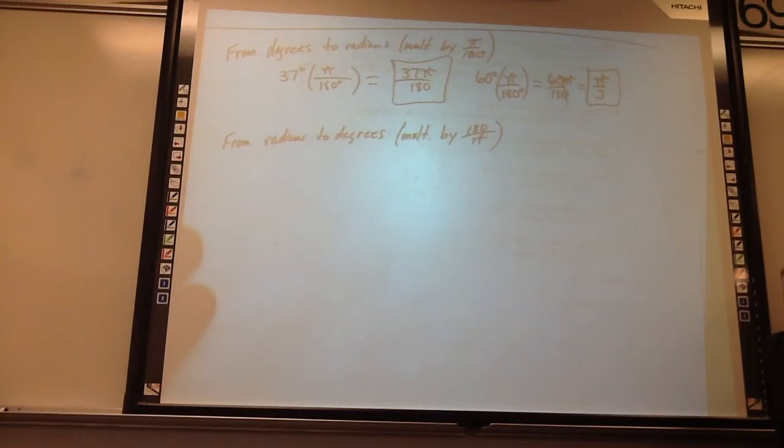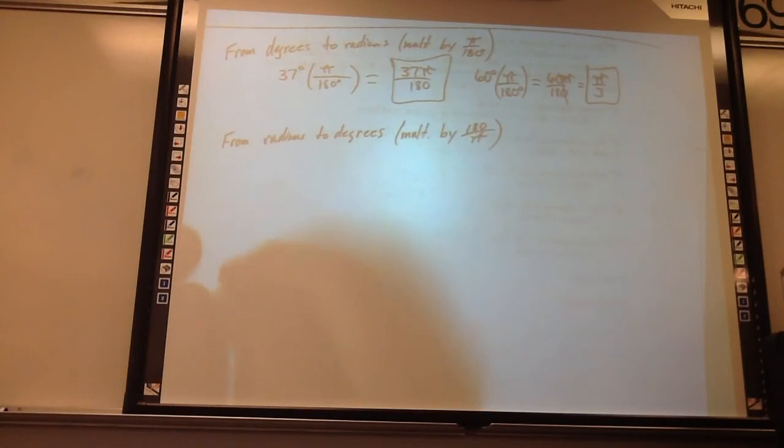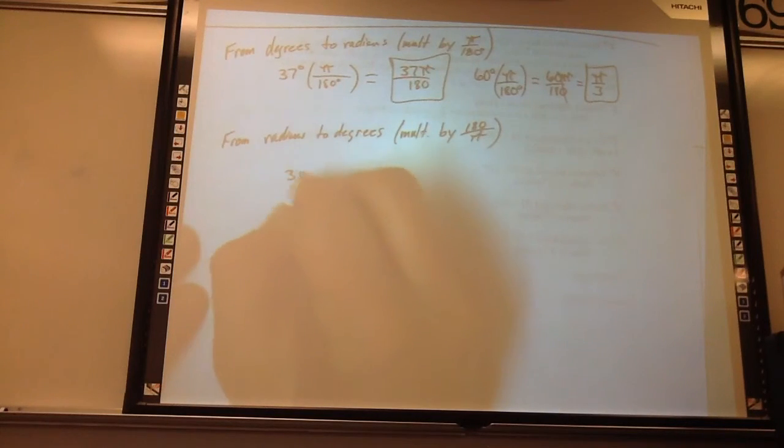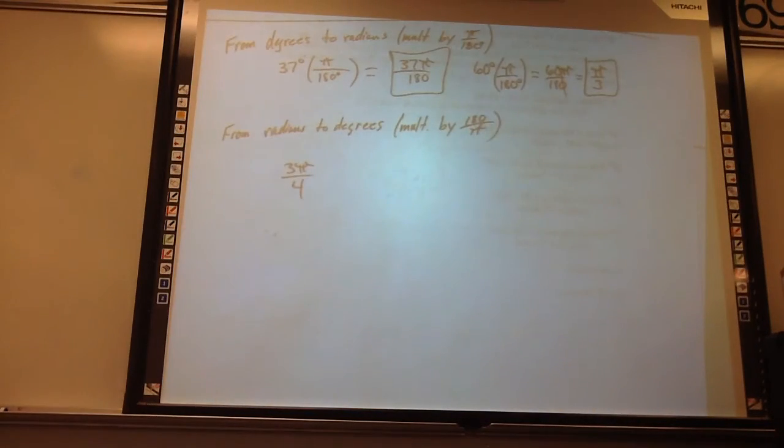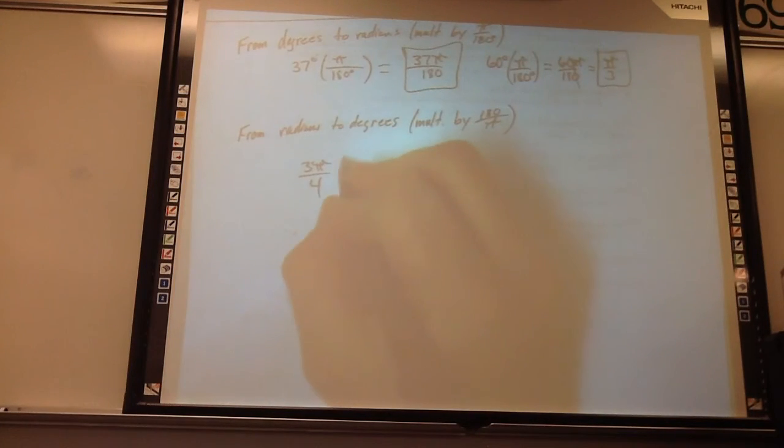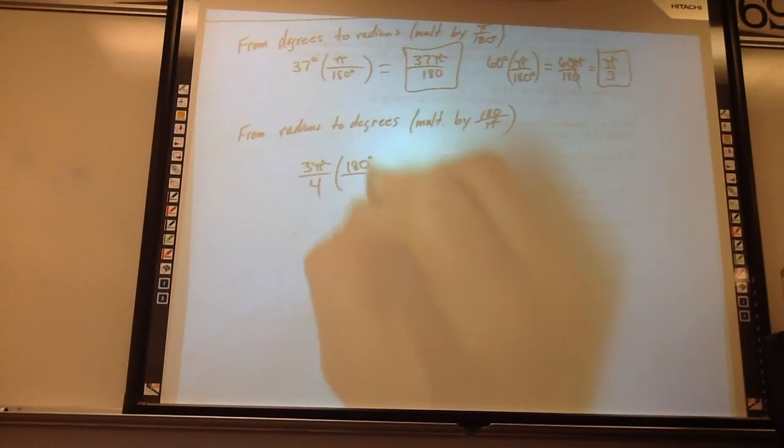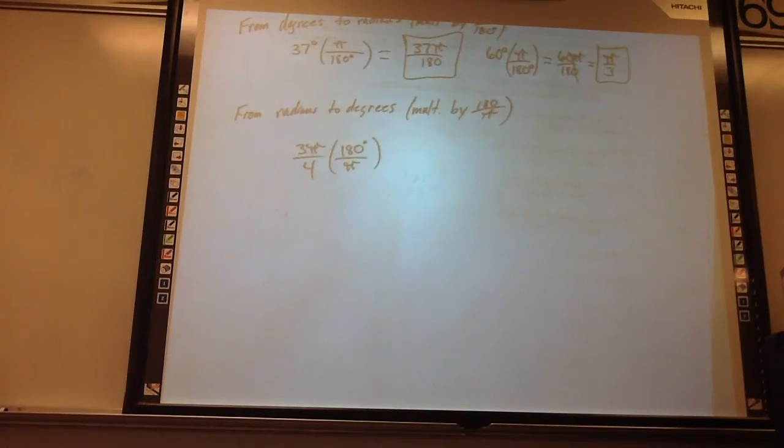Cool. So converting from radians to degrees. Let's say you had 3 pi over 4 radians and you want to convert it to degrees. Well, you want your answer to be in degrees, so you want degrees on top. If you have degrees on the bottom, your units would be 1 over degrees. That doesn't make sense. So multiply by 180 over pi. You know how to multiply fractions, right?